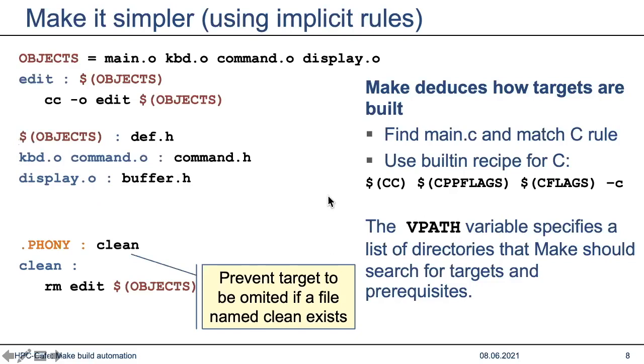There is one further simplification maybe you can do. I mentioned you can have multiple targets on the left-hand side as long as they share the same prerequisites, and this is done here. So here you put together all the objects that depend on a certain prerequisite. Now you would say, okay, but KBD is now two times here.